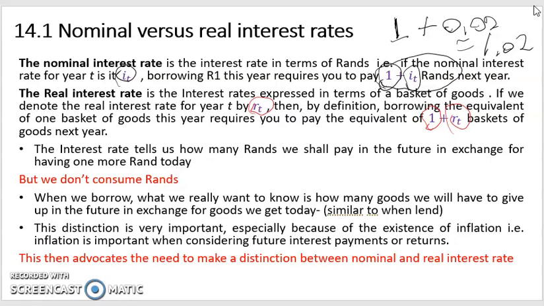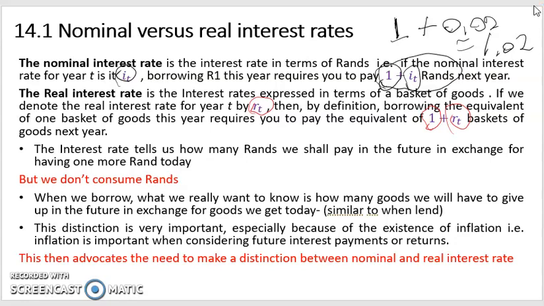This distinction is very important, especially because of the existence of inflation. Inflation is important when considering future interest payments or returns, because if the value of money changes over time, then the money that you get in return might be either higher or lower than the money that you invested in the beginning.